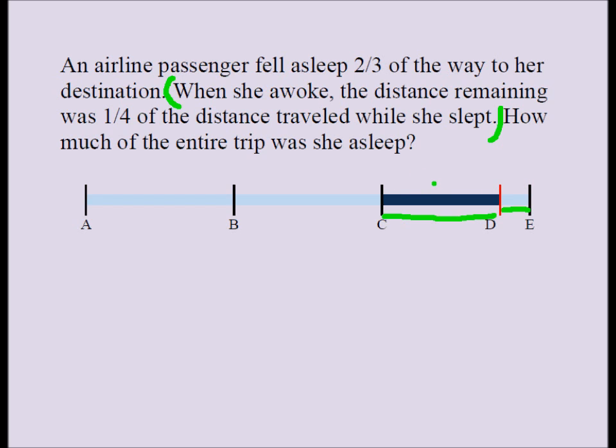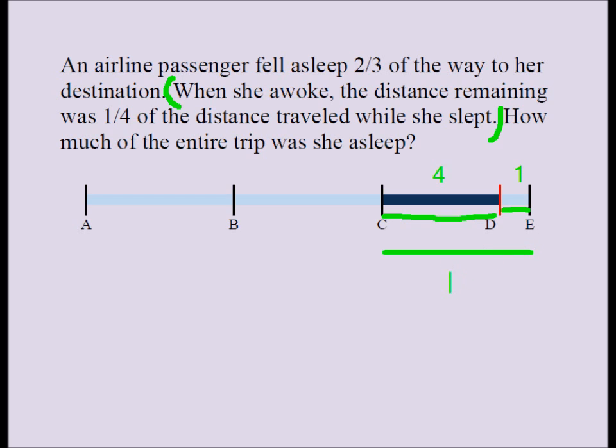So if this is 4, this has to be 1. If this is 4 hours, if she slept for 4 hours, she was awake for the last 1 hour, because this is 1/4 of this. Having said that, if that's true, this whole stretch is 5 units long.